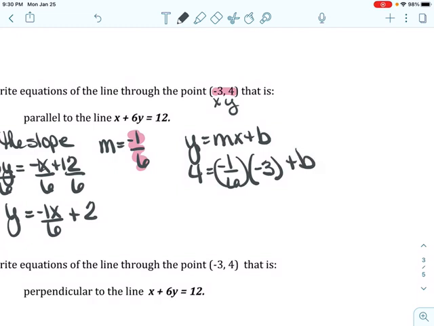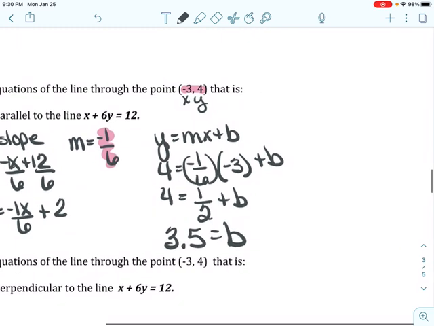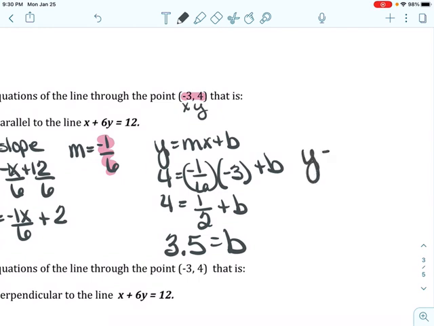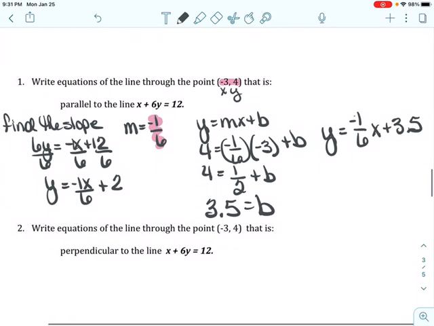So 4 equals 3/6, which becomes 1/2, plus b. So subtract 1/2, you're going to get 3.5. Okay. So now we have the information we need: y equals -1/6 x plus 3.5. And again, I did that computation in my head, so if I'm wrong, please let me know.